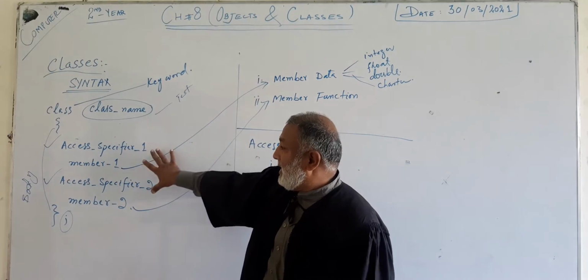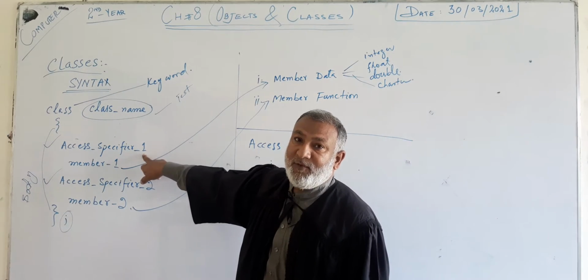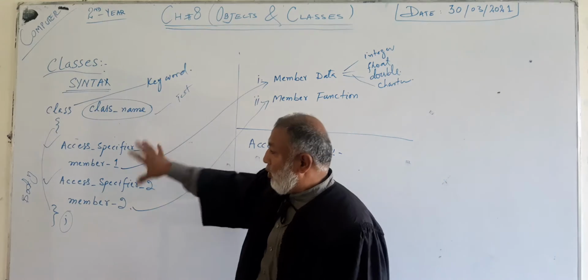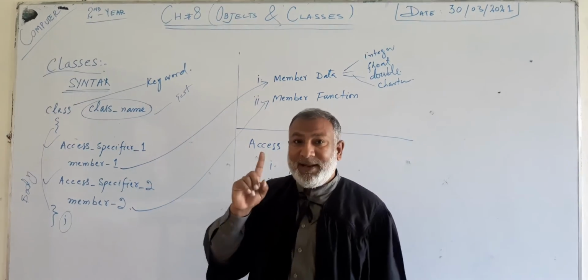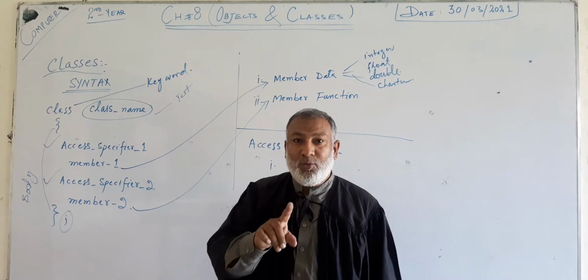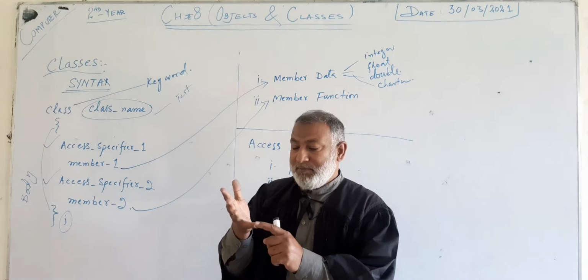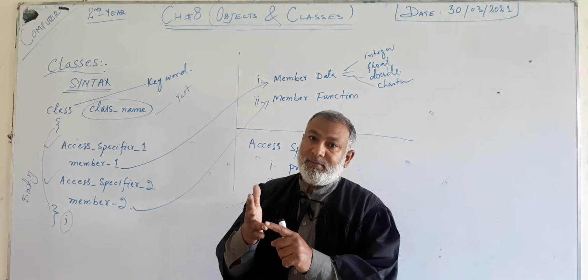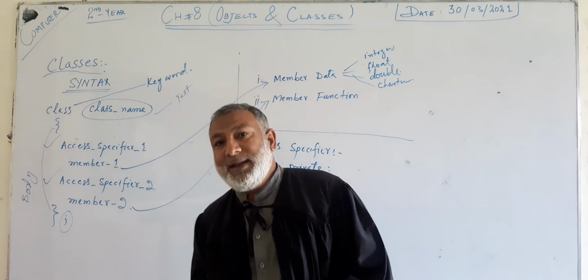So basically, if we declare some member data or member function as private, they can only be used inside the class. They cannot be seen, used, or accessed outside the class. It means only the member functions and member data inside the class can see and access them.